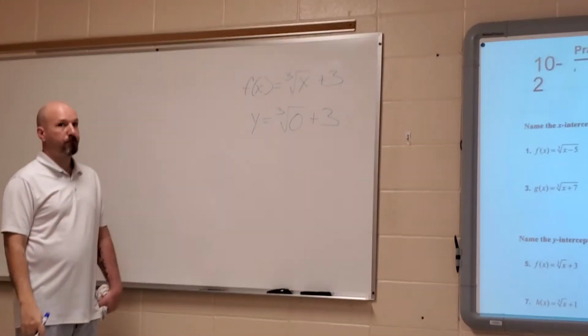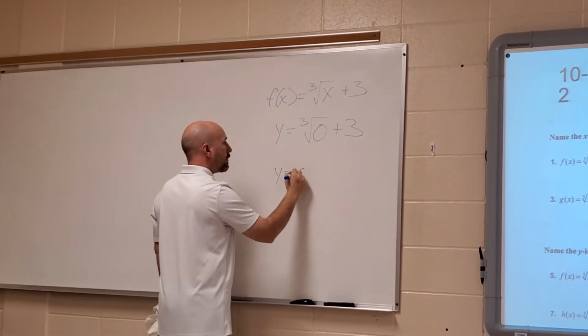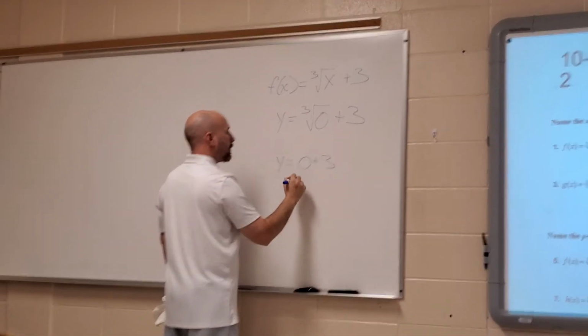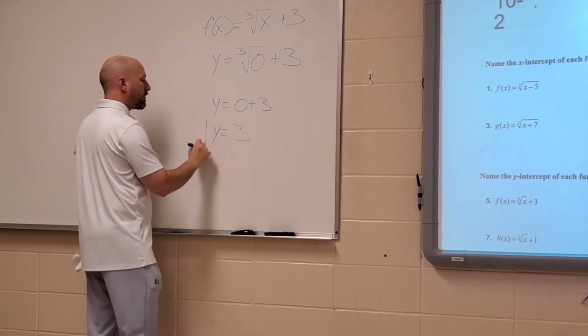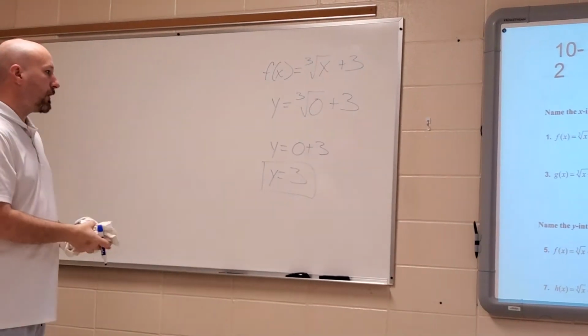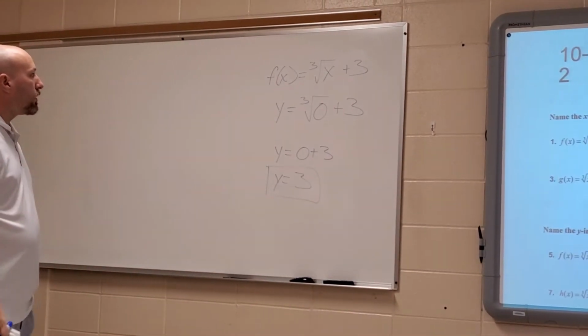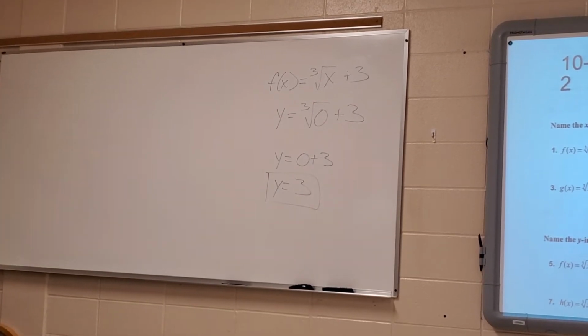Okay? The cube root of 0 is just 0. So then y, 0 plus 3 is just 3. So then the y-intercept is 3. Okay? Not too bad. So you're going to do that for those remaining problems in that section.